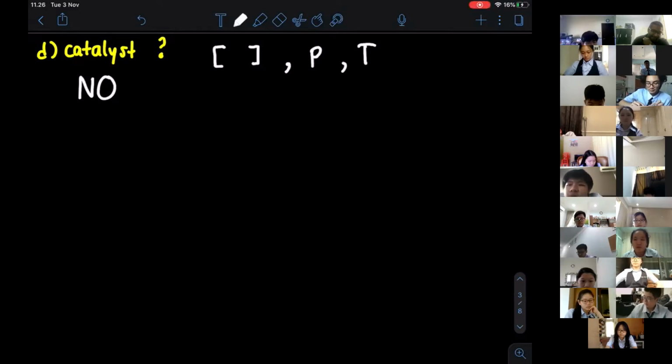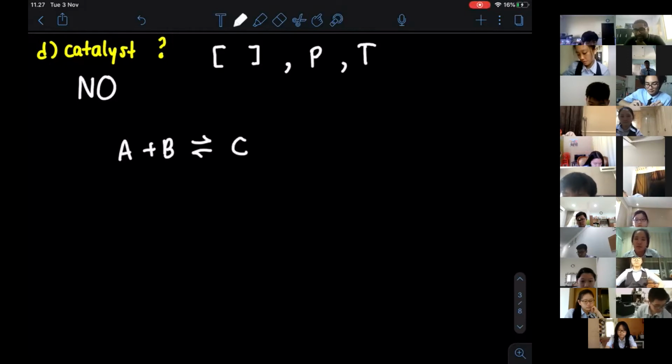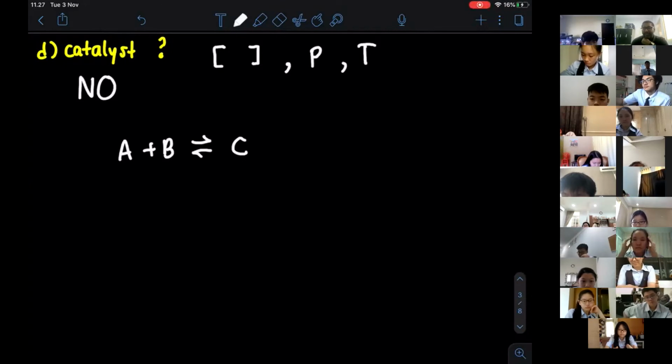Now, let's say I have A plus B to give you C, and I use catalyst. Does it mean only the forward reaction is sped up? Ashley, if I use catalyst, what can you say? Because in a reversible reaction, there are 2 types of reaction, forward and reverse.